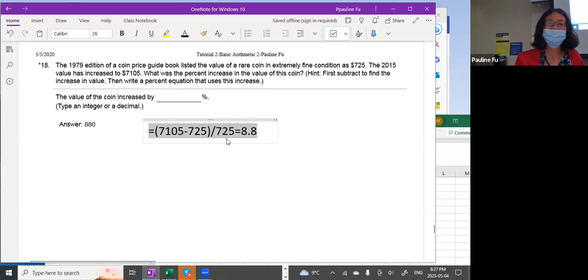So I give you the answer here. And how do you solve it? It is here.